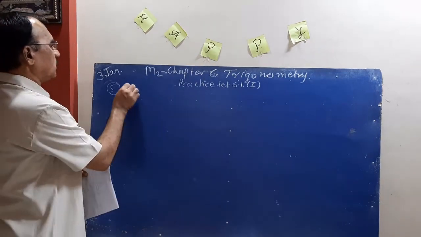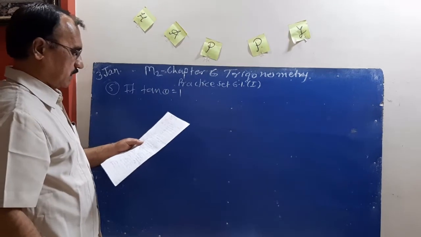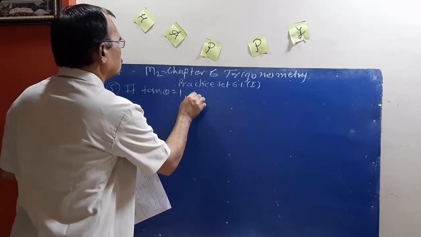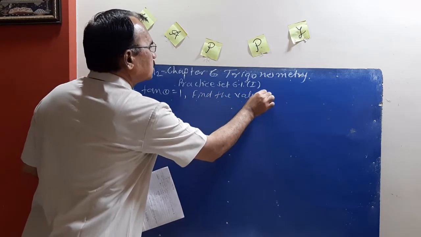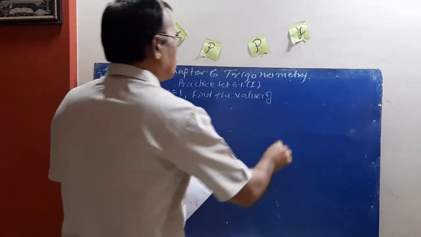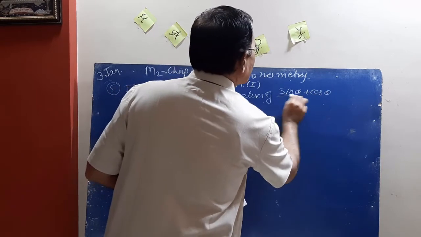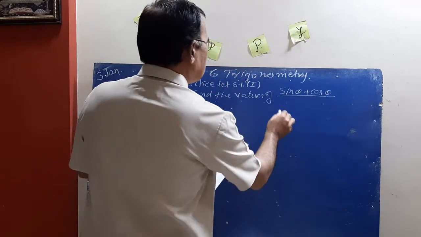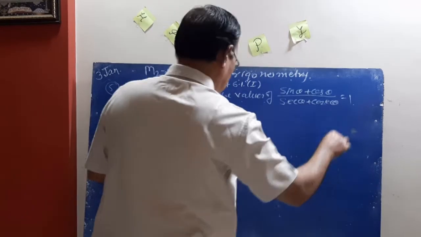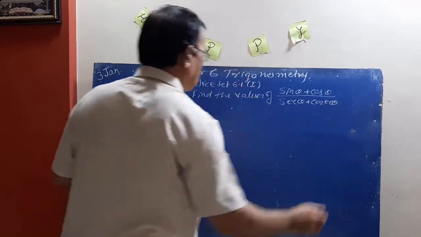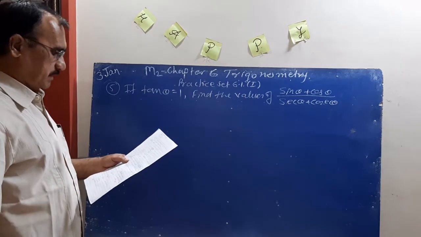If tan theta is equal to 1, find the value of sin theta plus cos theta divided by sec theta plus cosec theta.